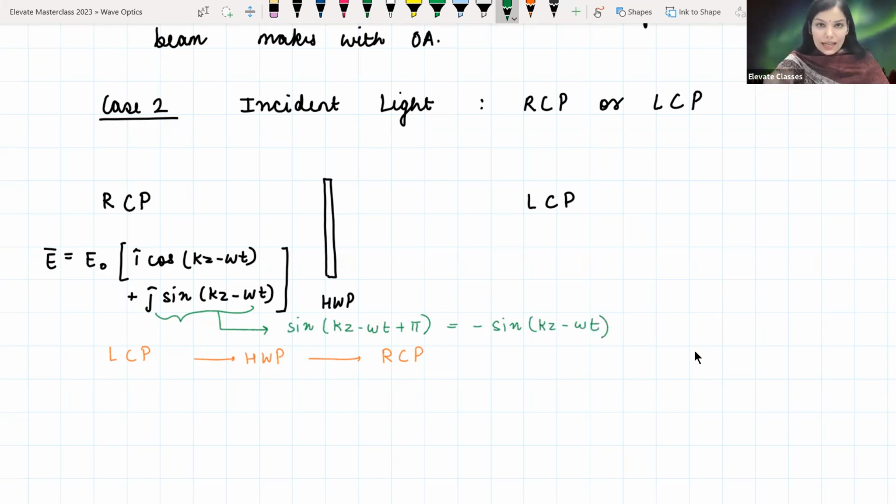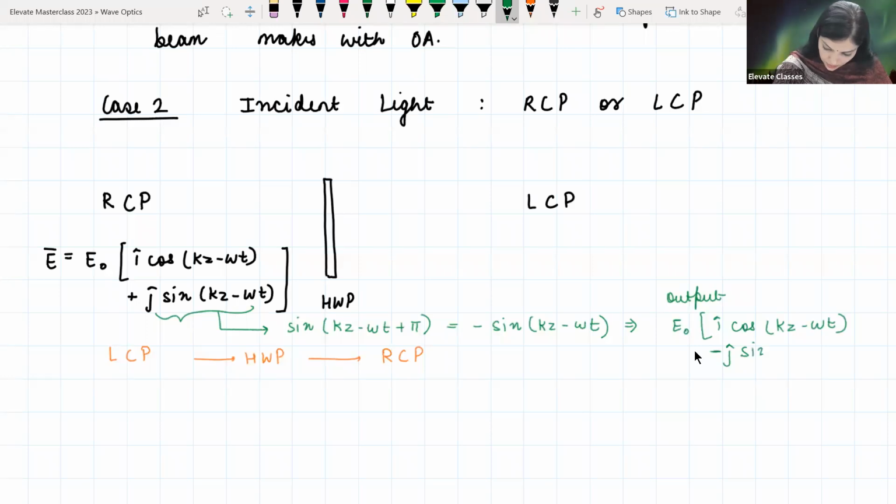So basically I have introduced a minus sign, and therefore at the output I'll get E naught [I cos(kz minus omega t) minus j sin(kz minus omega t)]. And what is this? This is nothing but the expression for a left circularly polarized light. Similarly, I can check that when the input is LCP the output will come out to be RCP light.